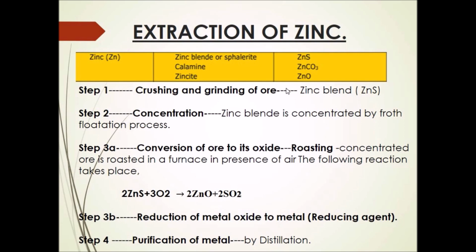Next is concentration of ore. In this step, the ore obtained naturally contains all earthy impurities, which have to be removed by the method of concentration. There are different methods of concentration, and froth flotation is specially applicable for concentrating sulfide ores.